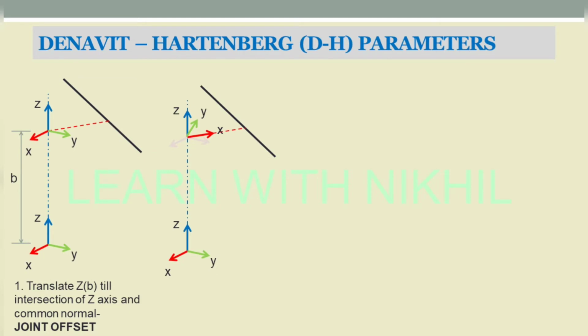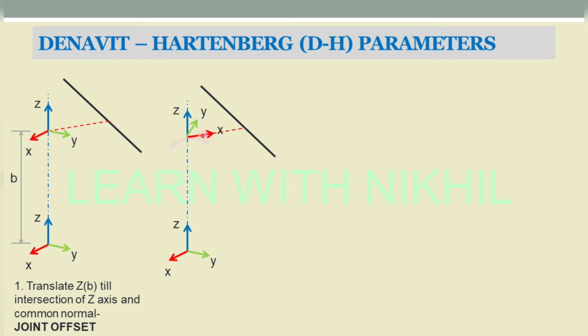Next, if I have to reach this particular point, now I have to rotate this frame onto this axis. First I transferred along the Z axis, so we have translated along the Z axis, that is called the joint offset. Now we have rotated this frame, rotating along the Z axis. So the Z axis remains on this line and the X and Y axes are rotated along this frame.